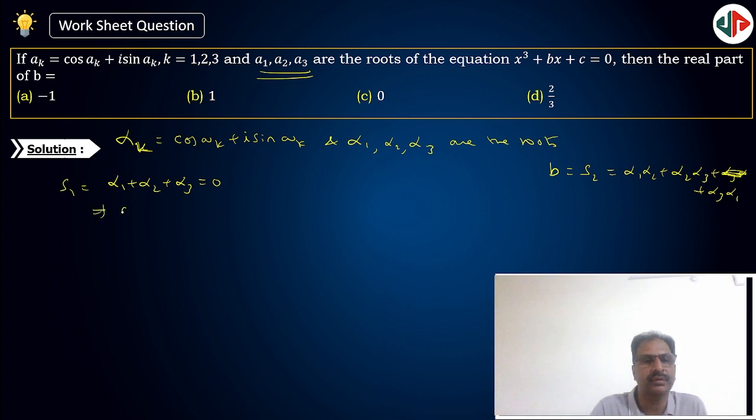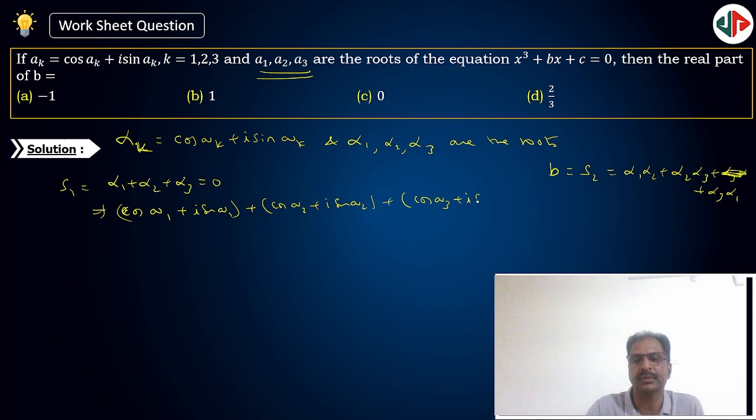What is alpha 1? Cos A1 plus i sin A1, plus cos A2 plus i sin A2, plus cos A3 plus i sin A3 is equal to 0, which can be written as 0 plus i into 0.